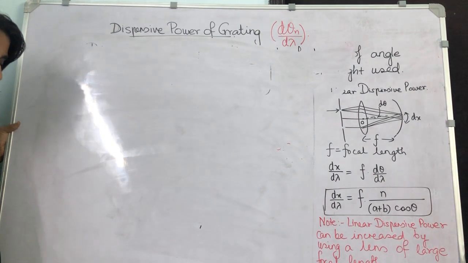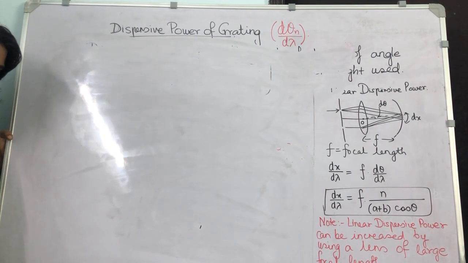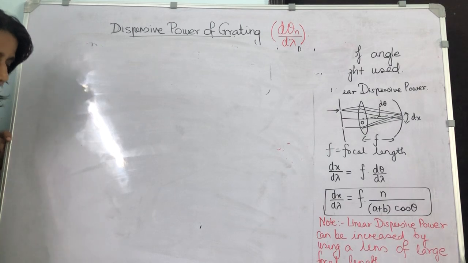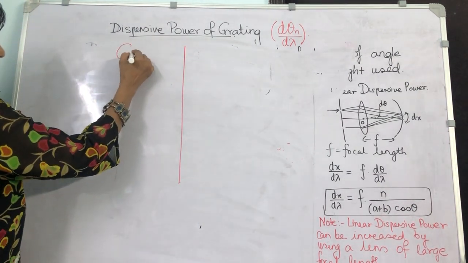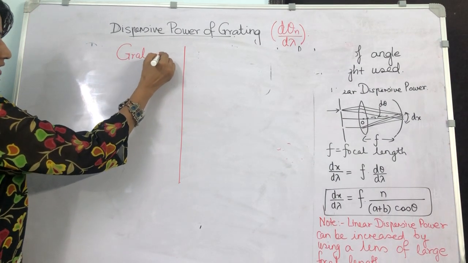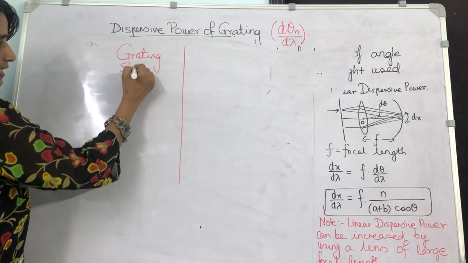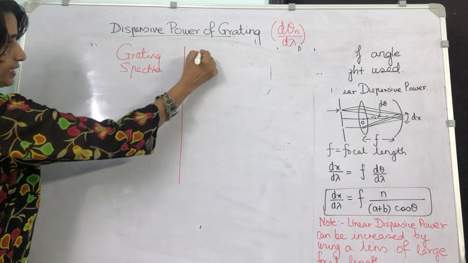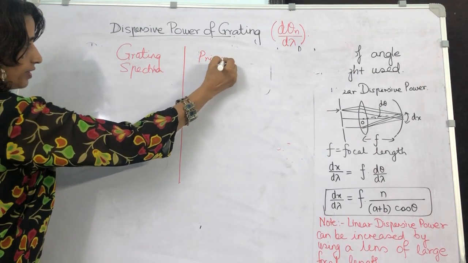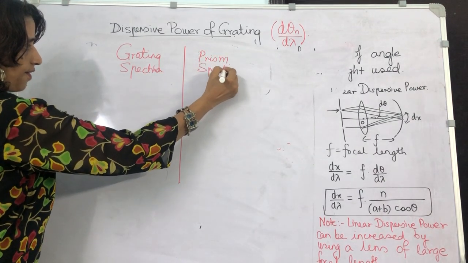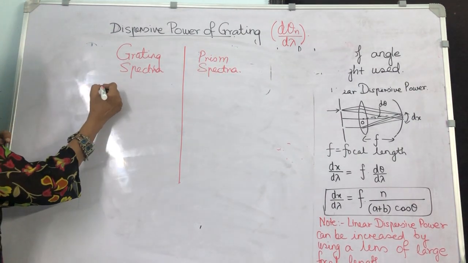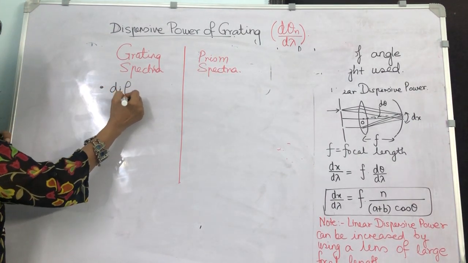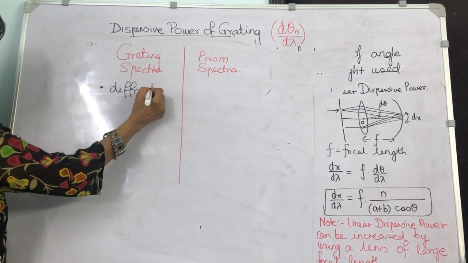Right? And next, this is called grating spectra. A small question comes: give two or three differences between grating spectra and prism spectra. So we can just jot down a few important points. Grating spectra is due to diffraction.